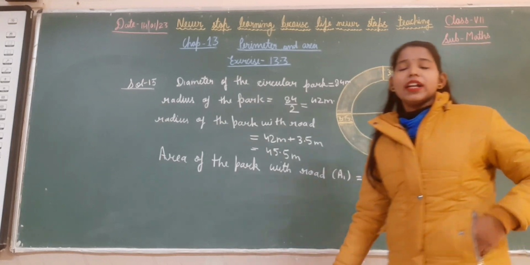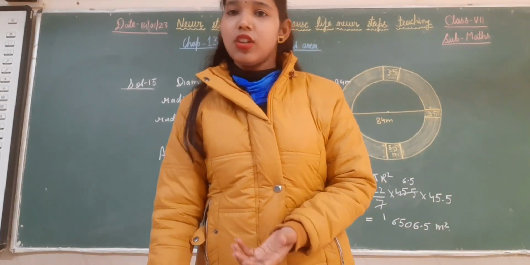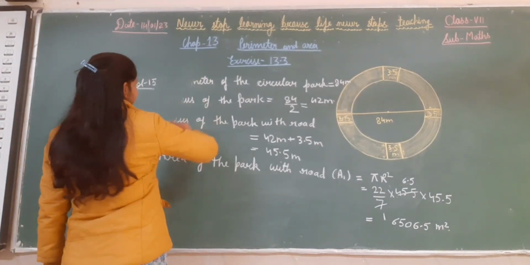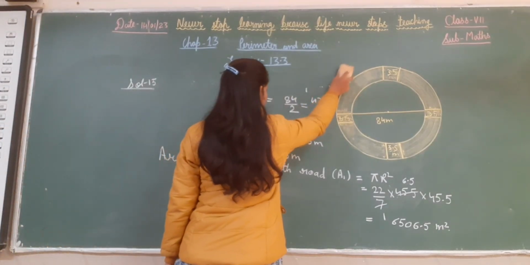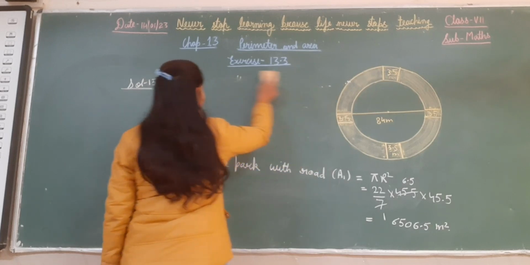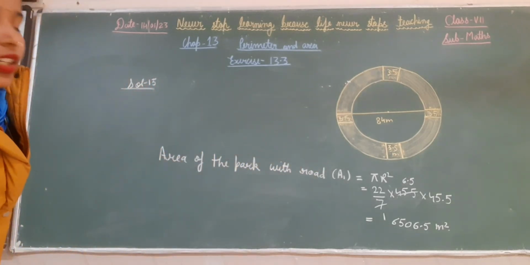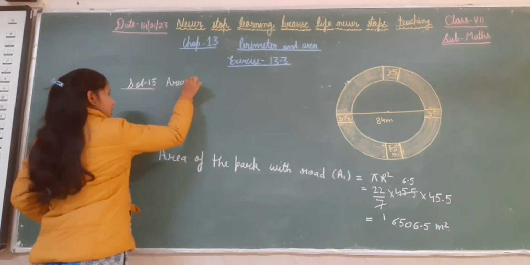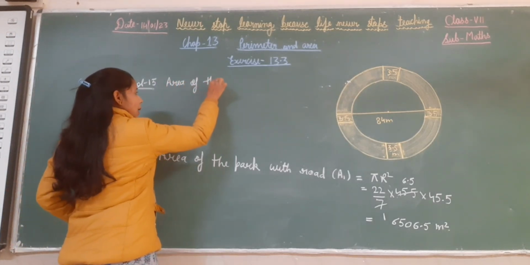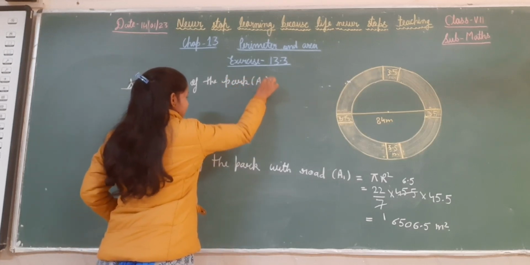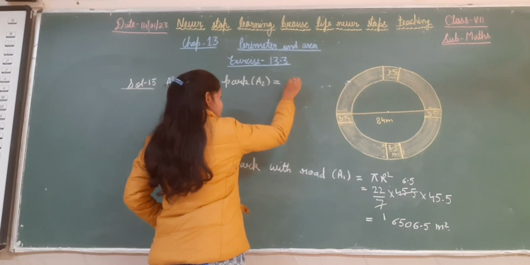Now we have to find the area of the park only. So write down here, area of the park. Area of the park, that is A2. We will consider A2 is equal to pi small r square.